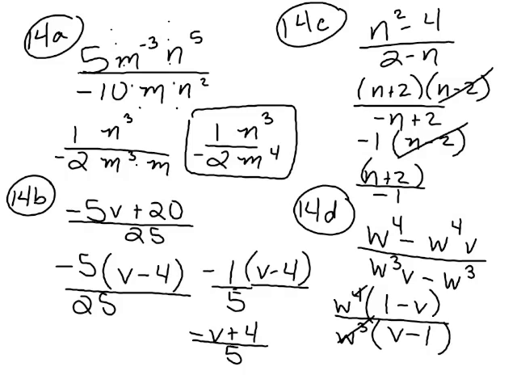If I rewrite this as a negative v plus 1, then I pull out a negative 1, so I would end up with negative 1 times v minus 1 on top over v minus 1 on bottom. So then those terms will cancel out. And I'll be left with the negative 1 and a w on top. So negative 1w is my answer.